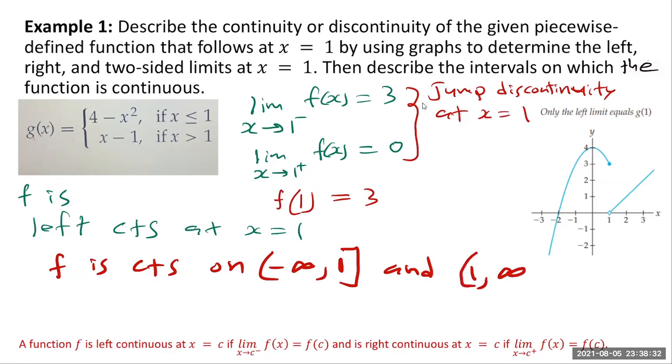This time 1 is excluded. I cannot include 1 because we have an open circle here. So beyond 1, your function is continuous. Continuous means you should be able to draw the graph without taking your pen off the board. This piece also you can draw without taking your pen off the board.